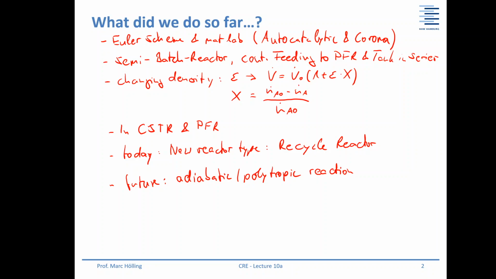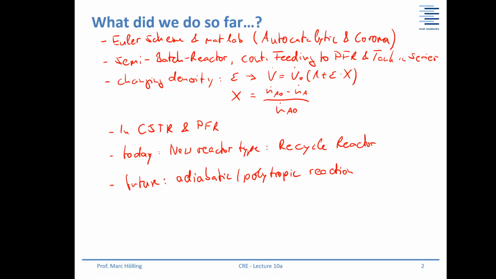So right now it was a little bit boring. All the time I ask you, which reactor type is the best one? It was always the plug flow reactor performs normally better than the continuously stirred tank reactor. So the PFR was always better than the CSTR if you look at it under isothermal conditions.